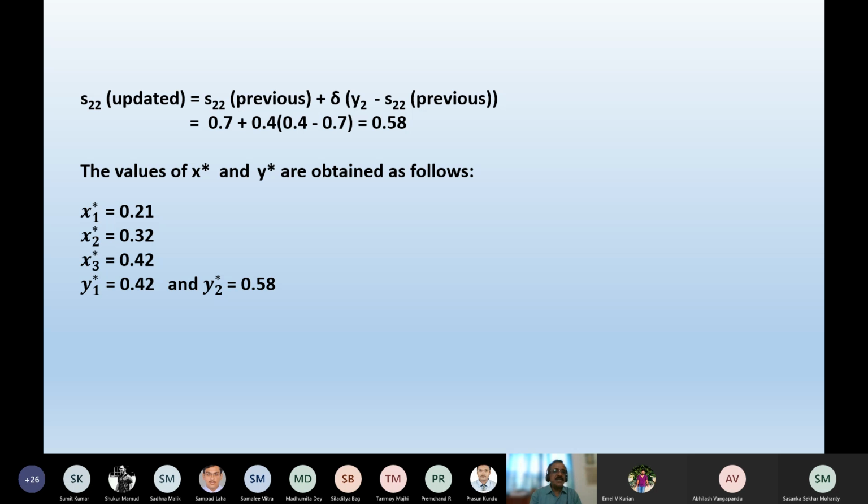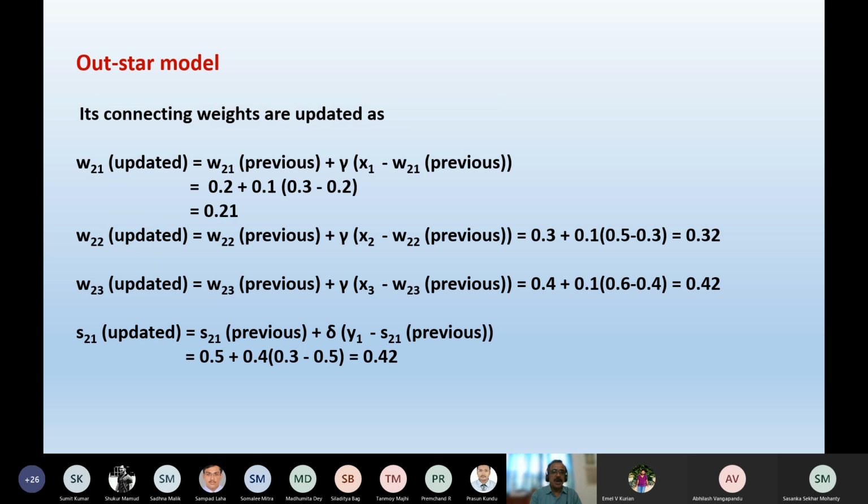How do you get 0.21? This 0.21 is the updated value for this W21. Similarly, the updated value for W22 is 0.32. The updated value of W23 is nothing but 0.42.